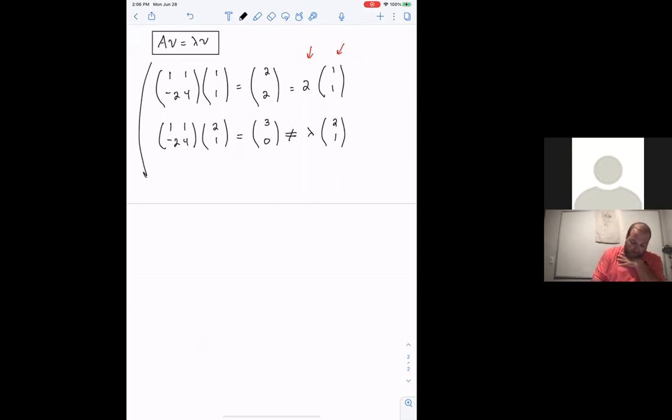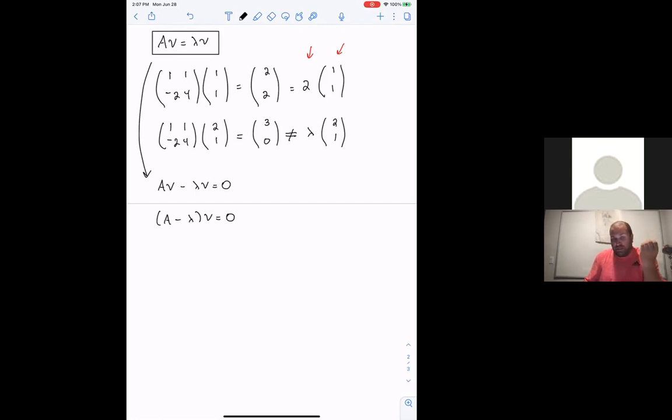And the answer is as follows. I'm going to rearrange AV equals lambda V. It's the same thing as saying AV minus lambda V is equal to 0 by subtracting lambda V on both sides. Now, I would like to factor out the V, but there's one problem. This equation makes no sense because A is a matrix and lambda is a number.